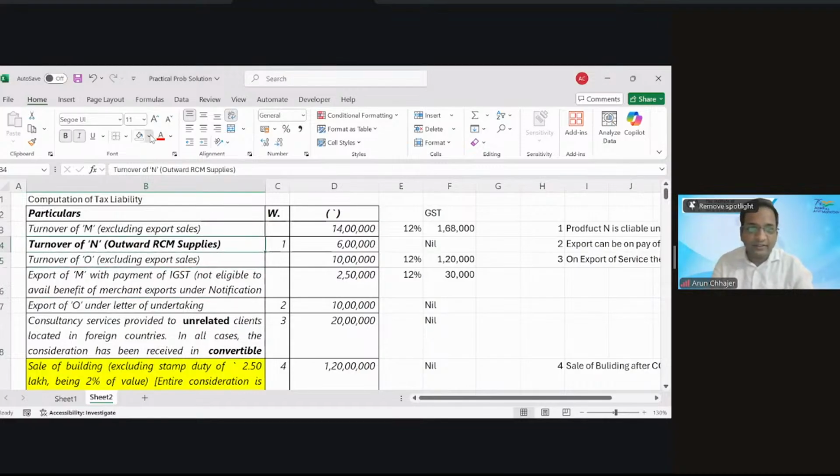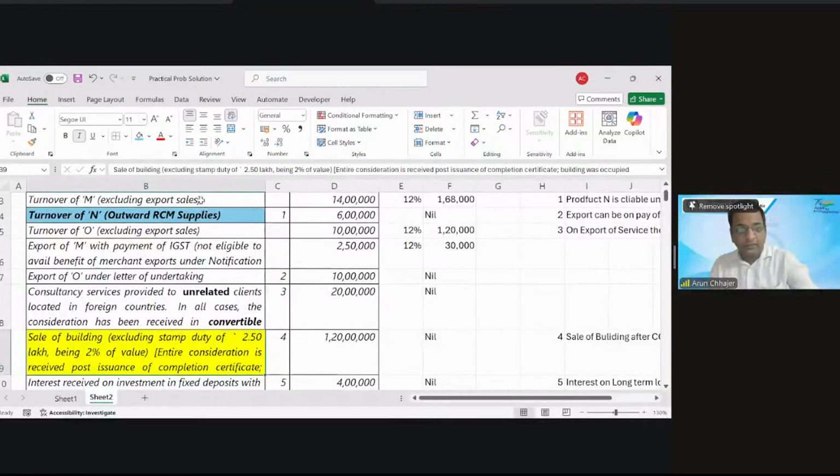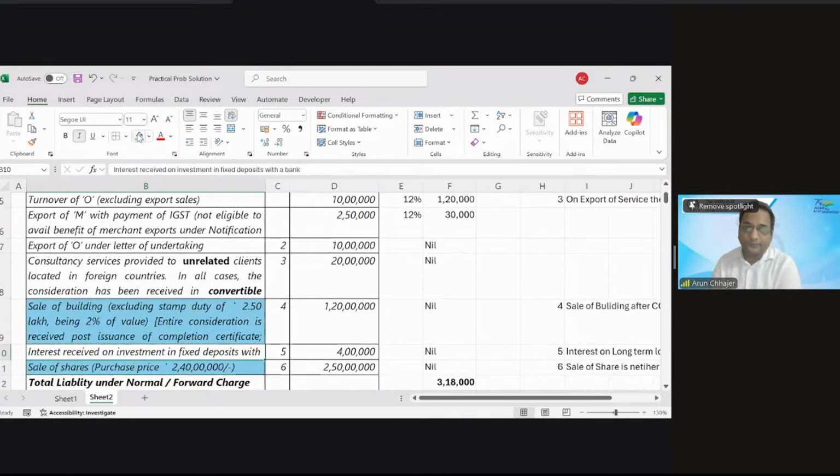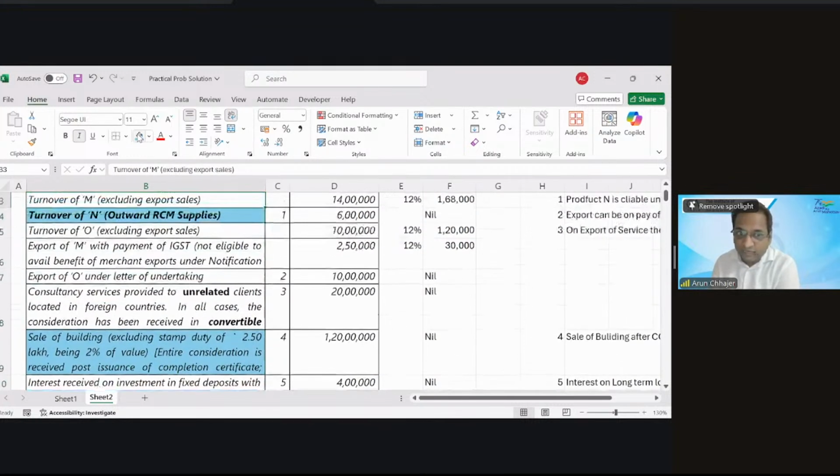I'm just highlighting and trying to ask one question. What is the use of the three pieces of information which I have highlighted in blue color? Still, I have not received any answer.